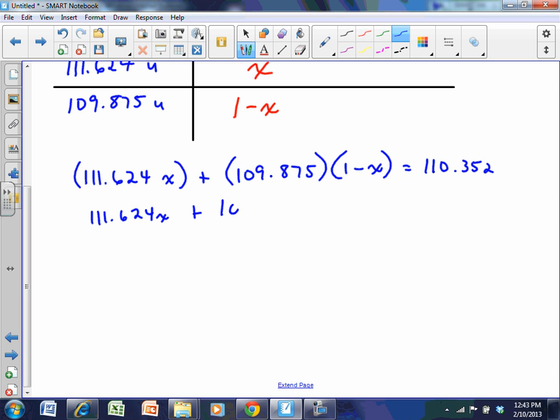So that's 109.875 minus 109.875X equals 110.352. Okay, so now I will combine the like terms. So I'll subtract the 109.875X from the 111.624X.